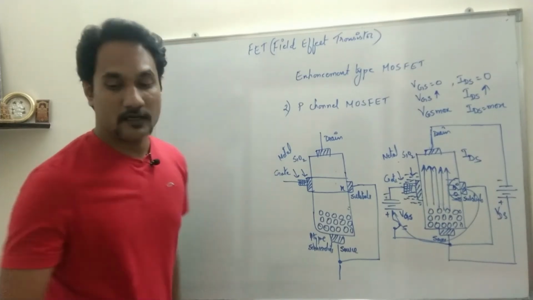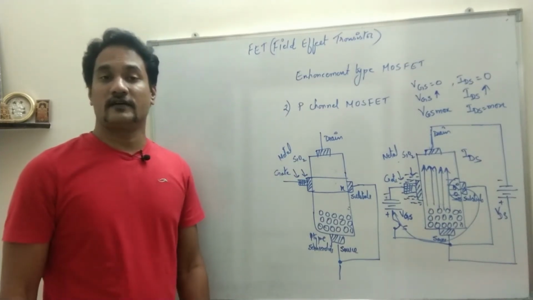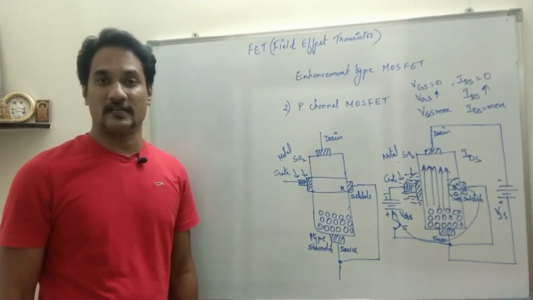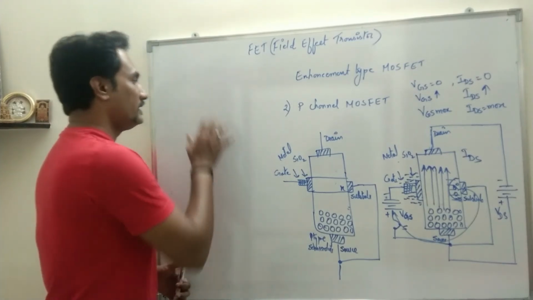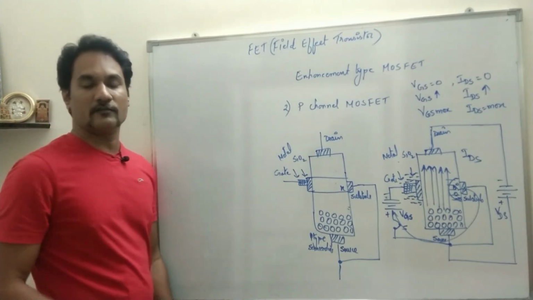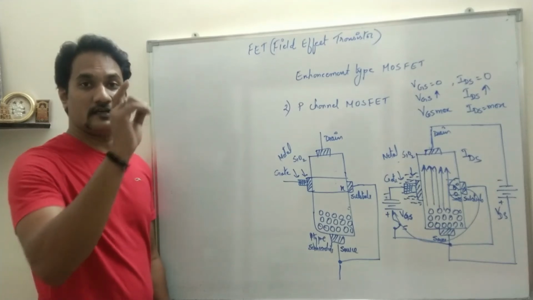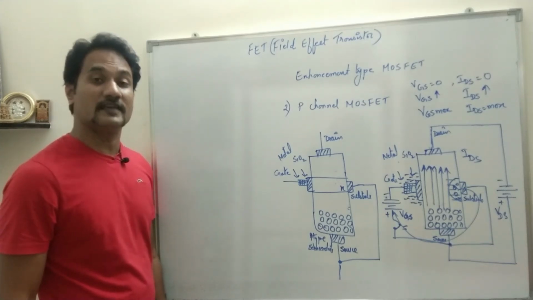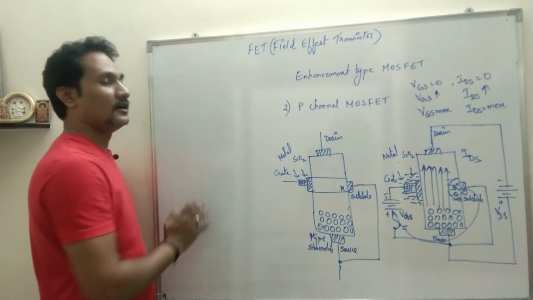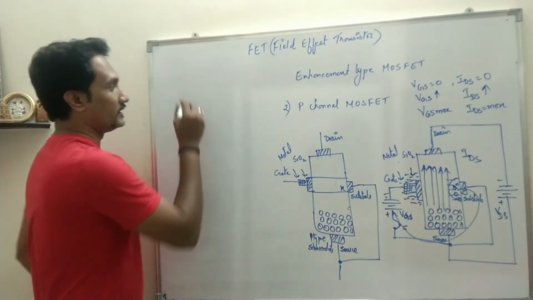If you remember, I have given you the symbolic representation of depletion type MOSFET, N channel, P channel. But here I will compare these two.